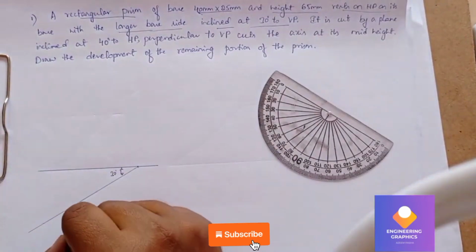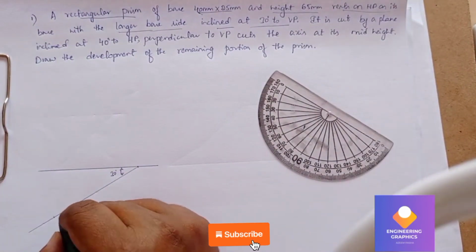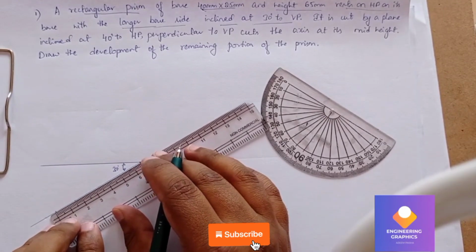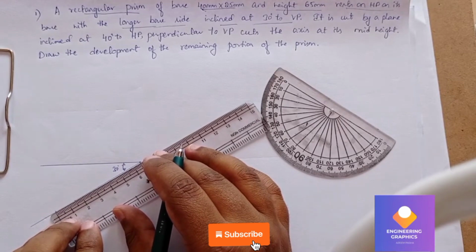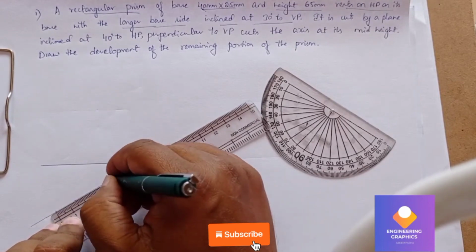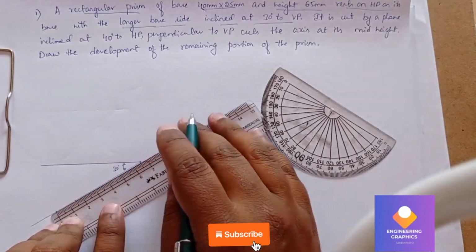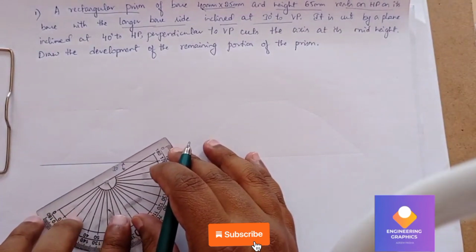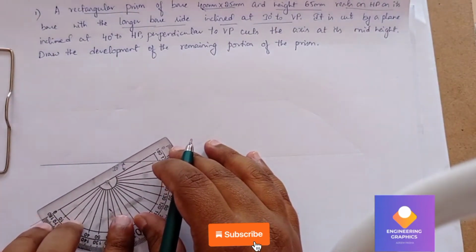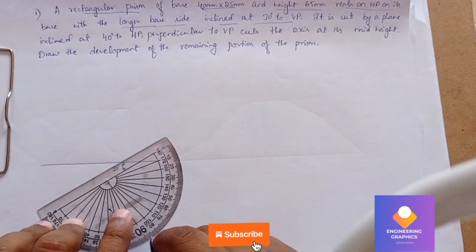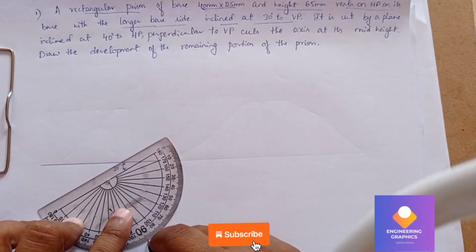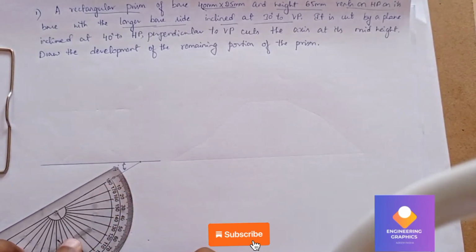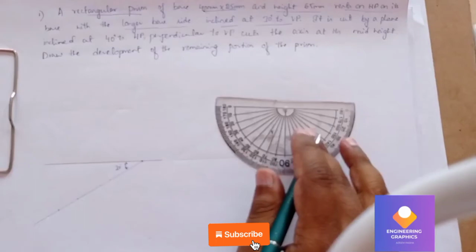Now on this longer side we need to consider 40 mm. Take the reference point of 40, measure 40 mm using the scale. Then take a protractor and at this reference point mark 90 degree, exactly perpendicular. Again at the other reference point also keep the protractor and mark 90 degree.